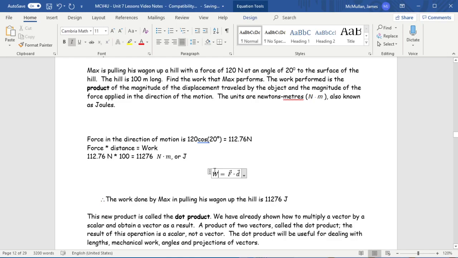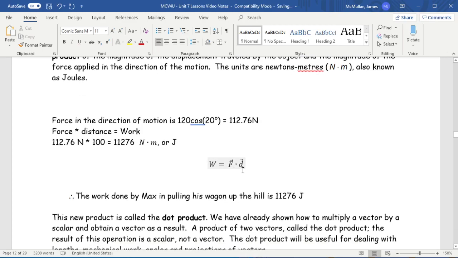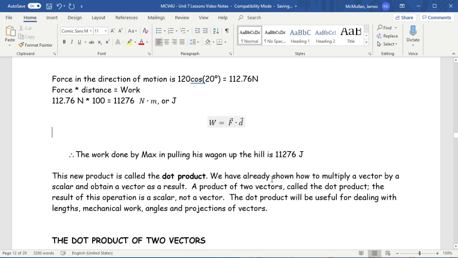It's just a quantity. It's an amount of energy. It does not have a vector sign on it. So work is equal to force dot distance. This new product is called the dot product. What it does is it turns the two vectors into a scalar. It's good for length. It's good for when you're doing these questions about work. It's good for angles, and it's good for projections.